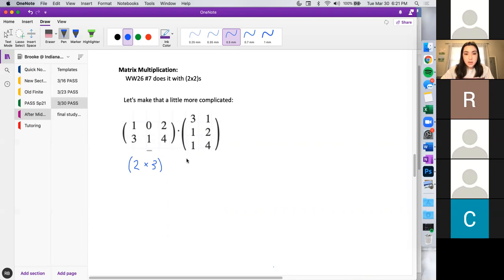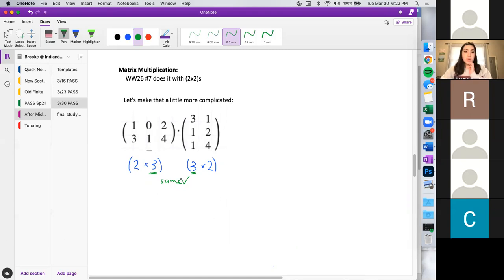And this one has 3 rows by 2 columns. And the check is that the 2 numbers in the middle, so this and this, have to be the same. So this is the number of columns in the first matrix. This is the number of rows in the second matrix. And they have to be the same in order for you to do matrix multiplication. If they're not the same, then it's not defined, or however they want to use those words.